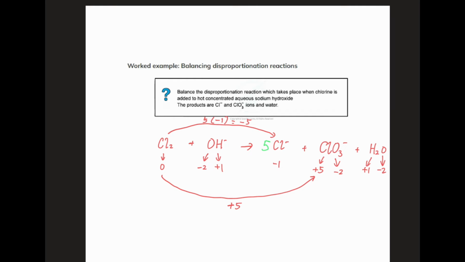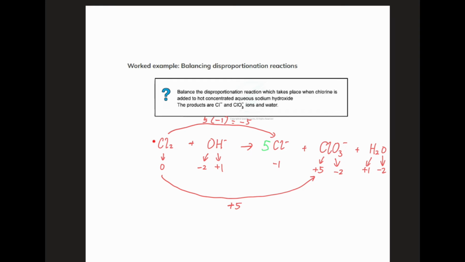But for the Cl2 you don't put 5 first, because by right we're supposed to have 5 Cl to 5 Cl minus, but they also have ClO3 minus. So Cl2 over here forms chloride and also chlorate 5 ions. They form these two, so we don't put 5 first.